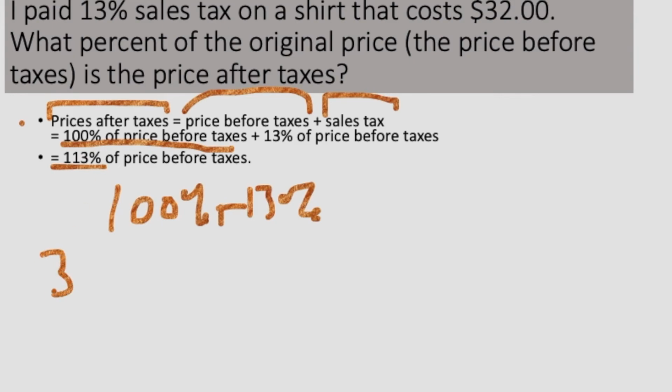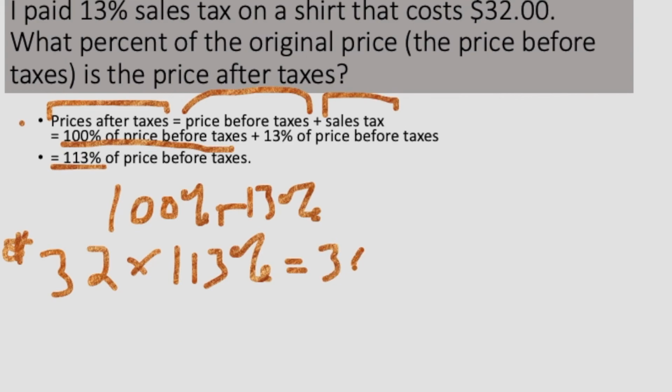So if I do $32, I think your parents will probably know this trick, times 113%. So you can either type in your calculator 1.13 or 113 with the percent sign. And this is going to give you the total amount that you paid, which is $36.16.